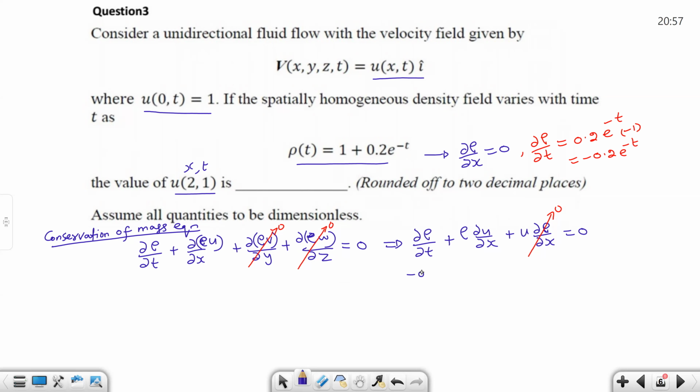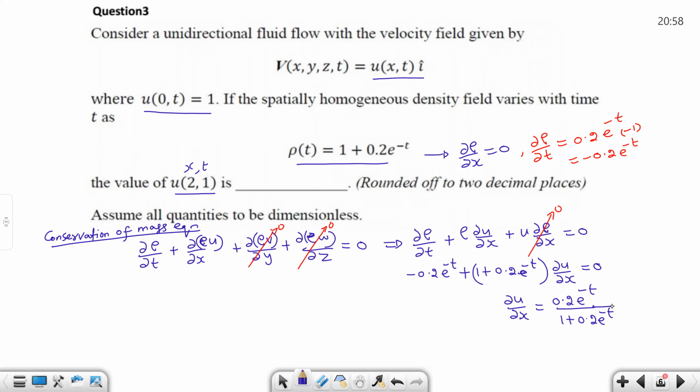So now ∂u/∂x equals 0.2 e power minus t divided by 1 plus e power minus t. Now you can partially integrate with respect to x.